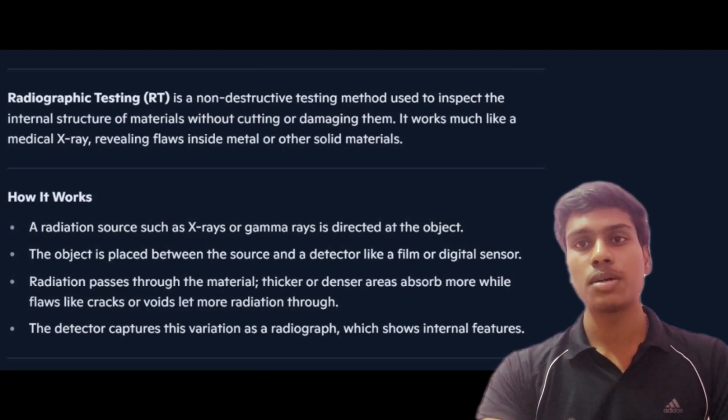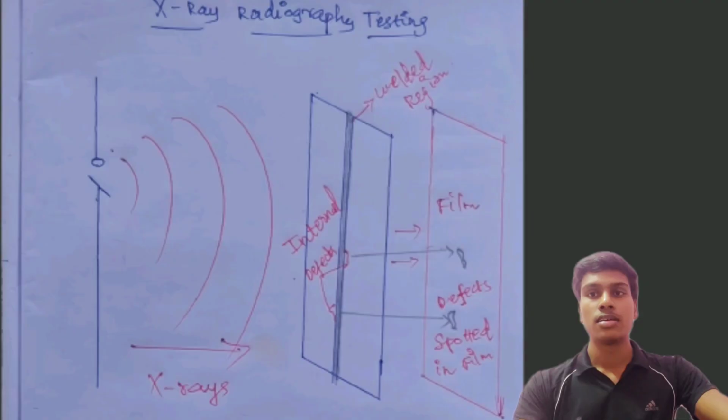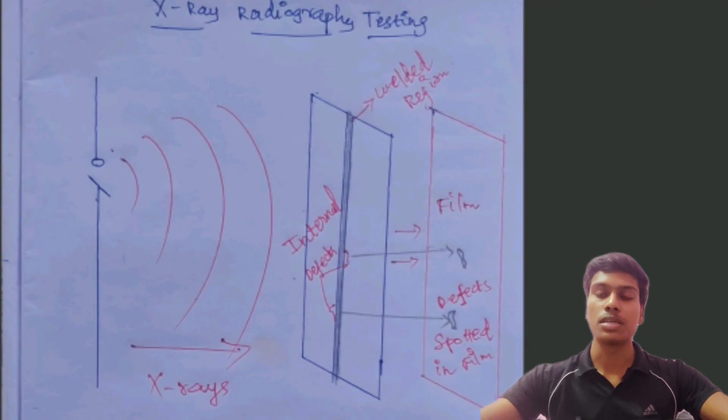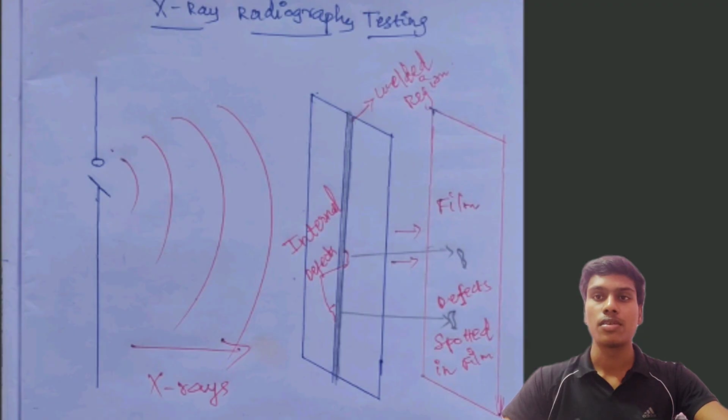The first basic principle we are going to see is X-ray radiographic testing. As you can see in the figure, the radiation is emitted from the source. After the radiation is emitted, it reaches the workpiece. Here we are focusing on a welded component. You need to find out whether there is any defect inside the welded component, so we send the X-ray through the source.